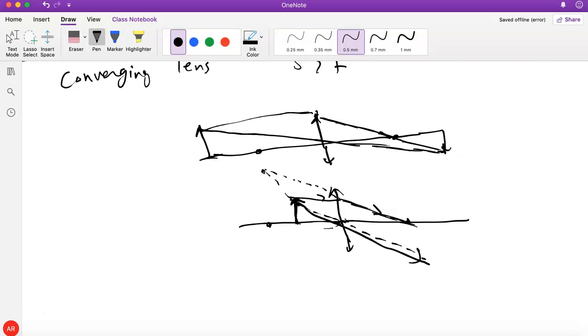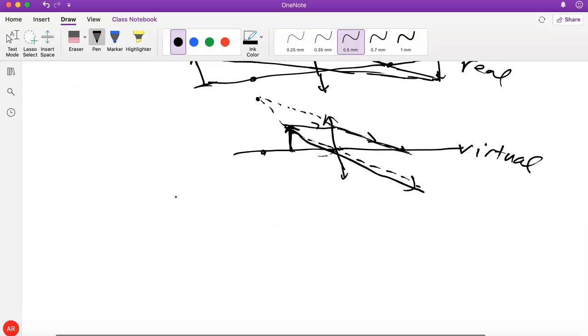So in this case, we're going to get a virtual image. The image seems to be behind the lens where there is no light. You have to trace them back. It's not a real image. But the equation we derived, 1 over s plus 1 over s prime is equal to 1 over f, still works.